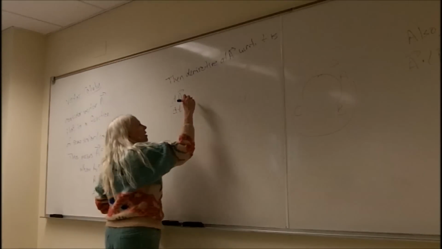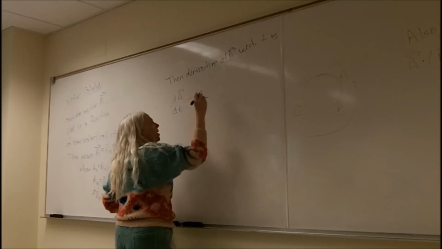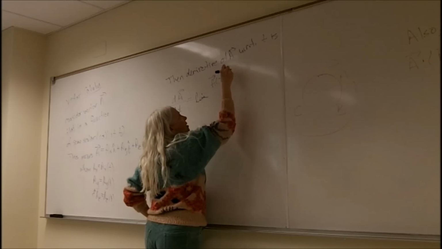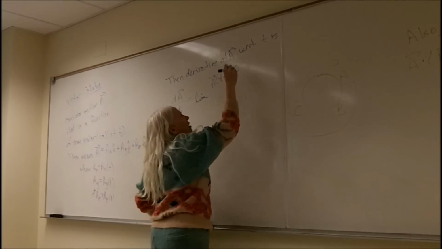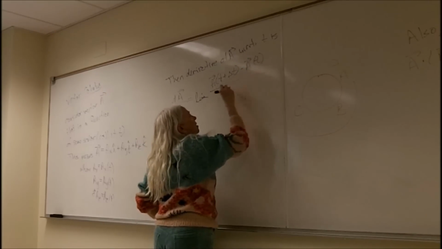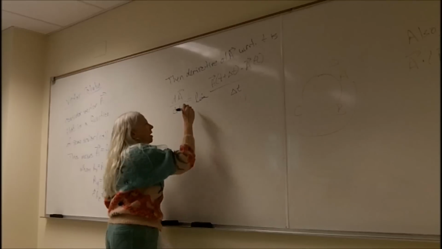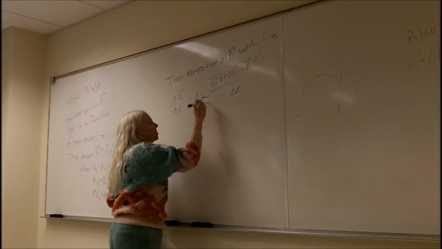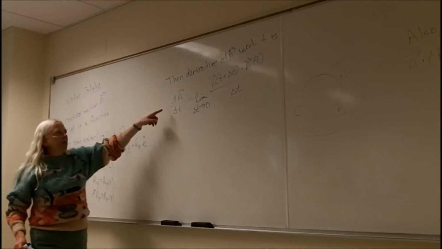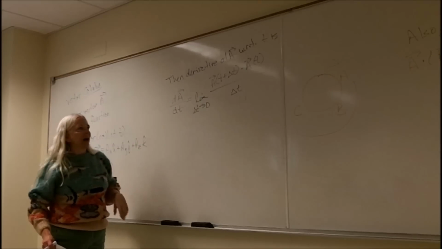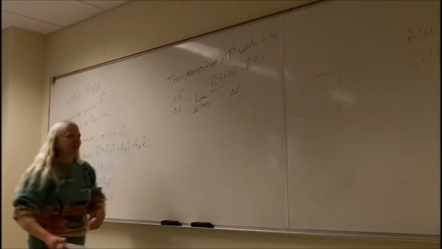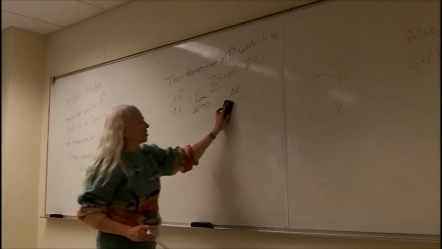And just like an ordinary derivative, what this really means is a limit of the vector A evaluated at t plus delta t minus A evaluated at just t, divided by delta t, and we take the limit of this as delta t goes to 0. Right? So again, just like an ordinary derivative, the derivative of f of x with respect to x is f of x plus delta x minus f of x divided by delta x. Take the limit as delta x goes to 0.